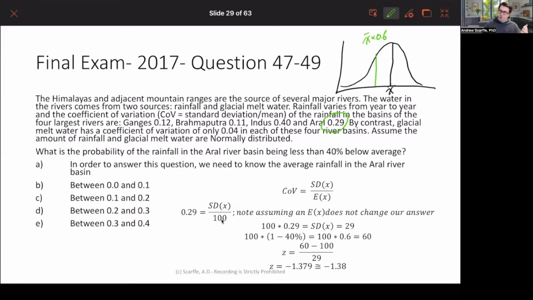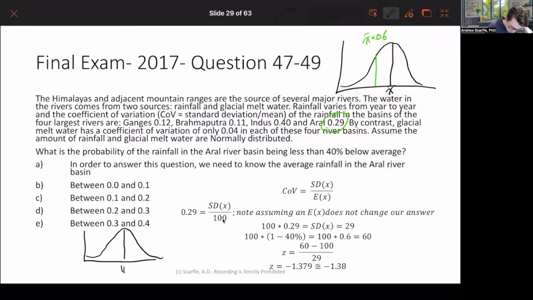So you can try this question on your own to try different values. You could put in 10, you could put in 50, you could put in 100, you could put in 1,000. But at the end of the day, you're always going to get the same Z score. So really what we're asking is, what is the probability that is 40% below average? So we're looking for a Z score in this case.